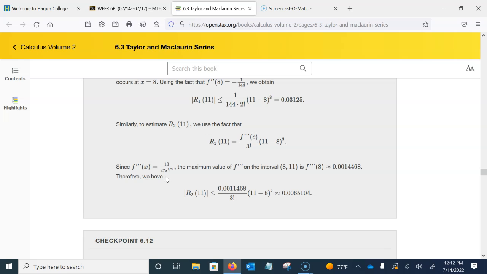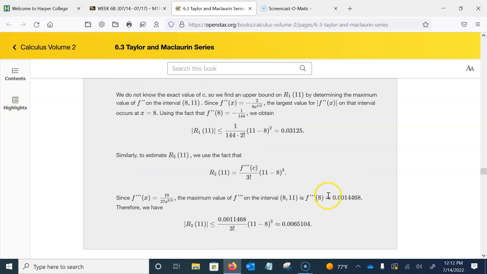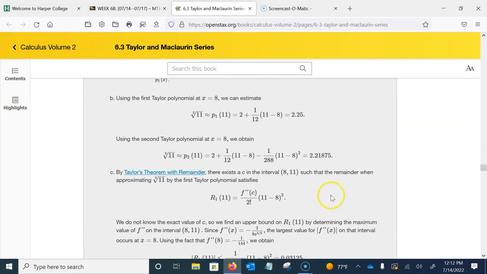So we need to plug 8 into our third derivative. We get this value. So that goes here, divided by 3 factorial times 11 minus 8 cubed. And we just get this, looks like 65 ten-thousandths, or 0.0065. So that's the maximum error if you use the second estimate, P2, to estimate the cube root of 11.